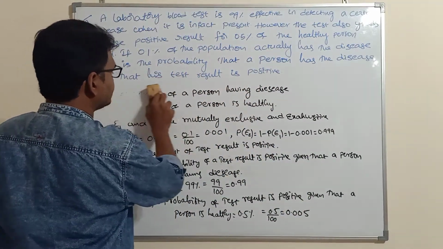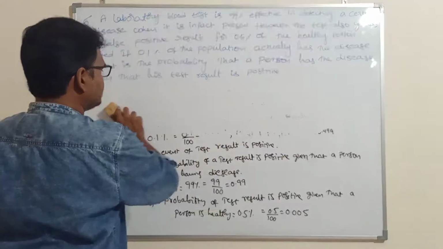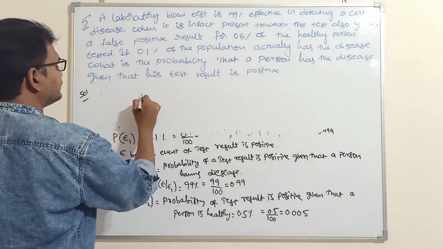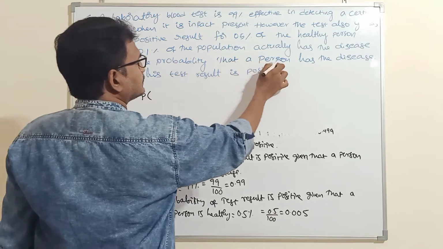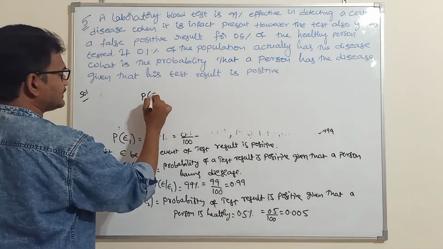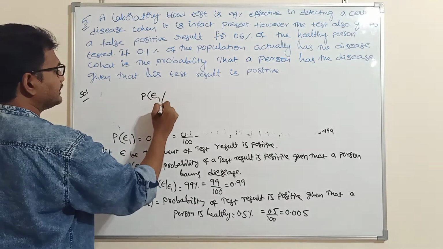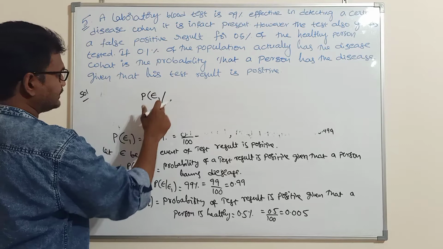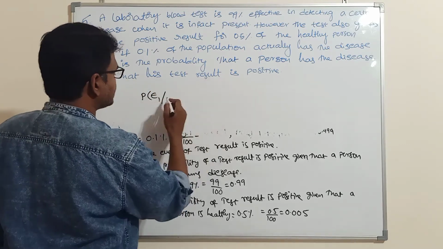Next, what to find finally? Find the probability that a person has the disease. Has the disease means E1, given, this is the given symbol, that test result is positive.